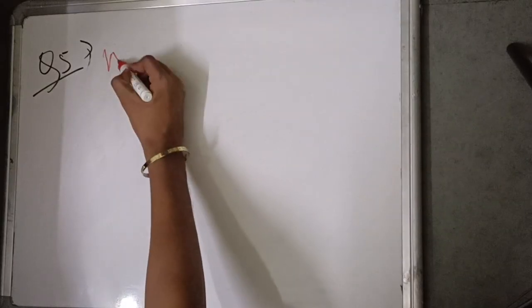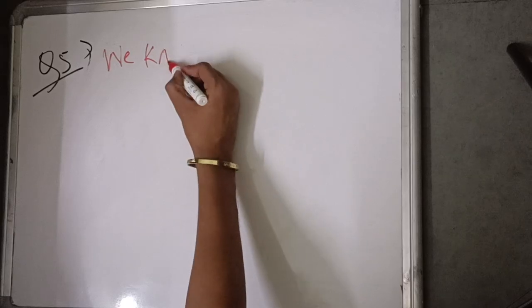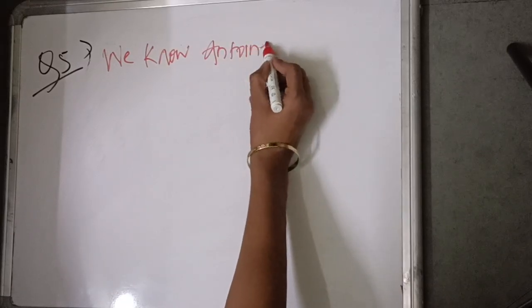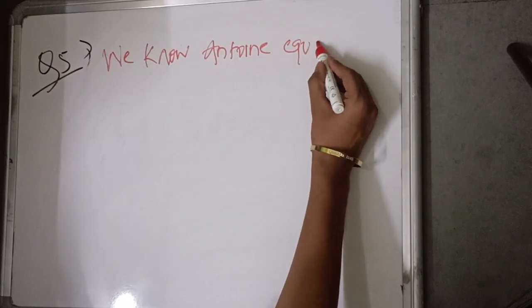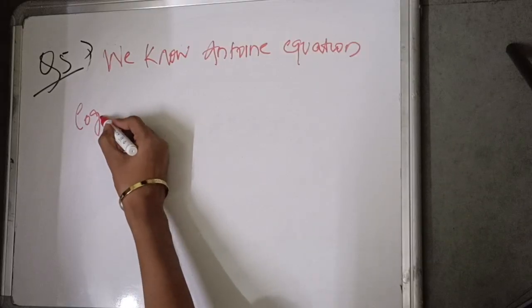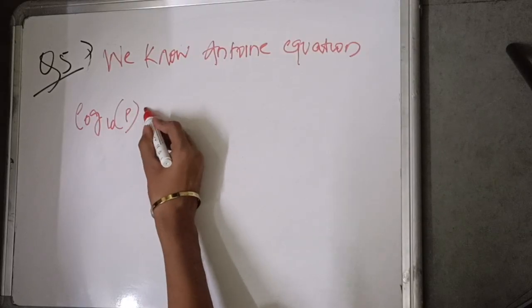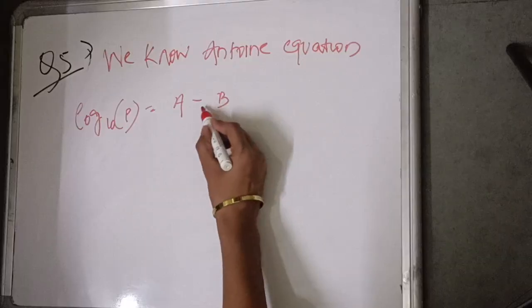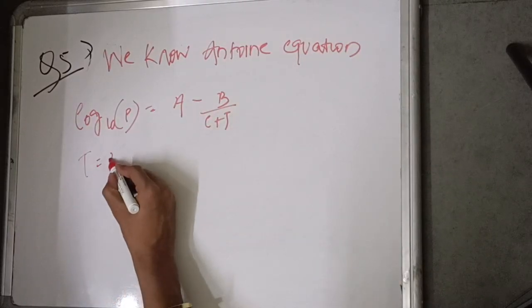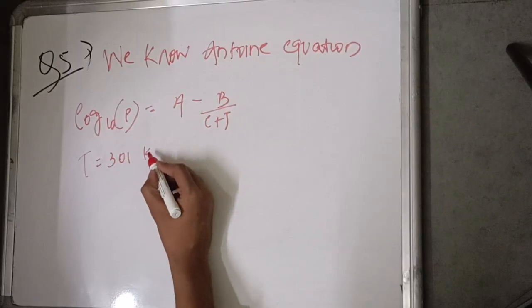To calculate the pressure, we have to know the Antoine equation. It states that log10 P equals A minus B over C plus T. We have got the temperature as 301 Kelvin.